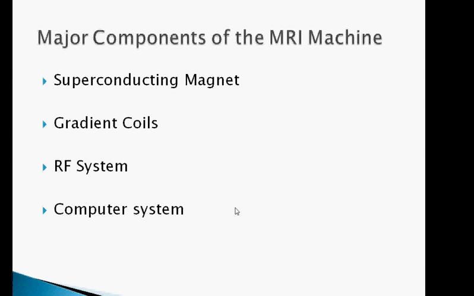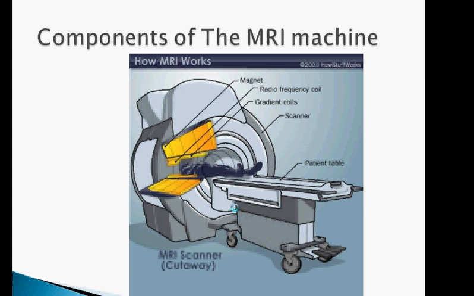Okay, so the major components of the MRI machine are superconducting magnet, gradient coils, radio frequency system, and the computer system. As you can see, probably the largest and heaviest part of the MRI scanner is the superconducting magnet. This magnet has very special key properties.